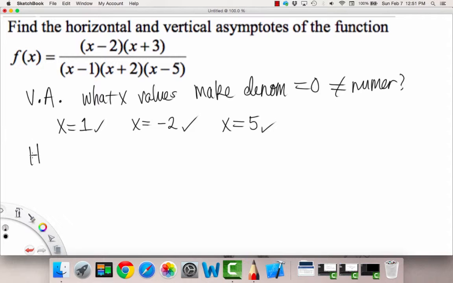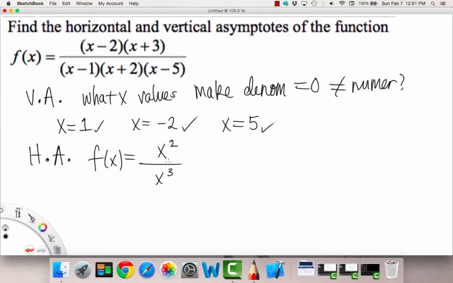Okay, and then for our horizontal asymptotes, let's see what would happen here. So overall, our leading term on the top is going to look like the following. We would have f of x is equal to x squared of some sort, right? So this is in the long run. And then over x to the third of some sort.